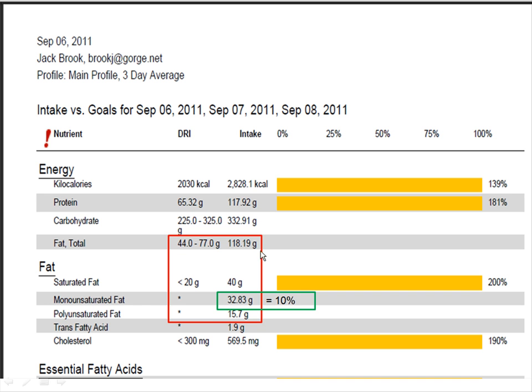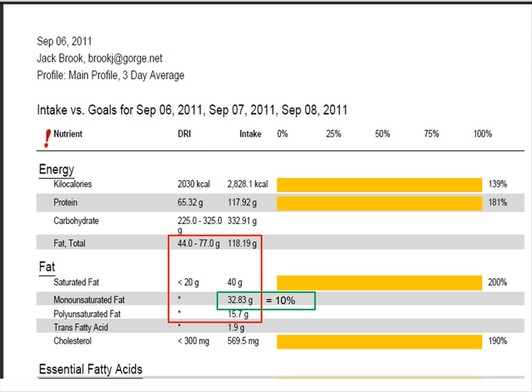But if you're not that lucky where this equals 10%, one way you can determine what is 10%, take this number here, 2828, times 0.1, and then divide by 9 calories per gram. Remember, in carbohydrates we divided by 4, but in lipids we're going to divide by 9.